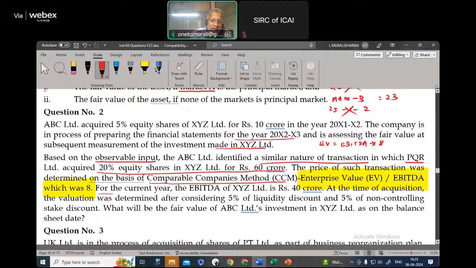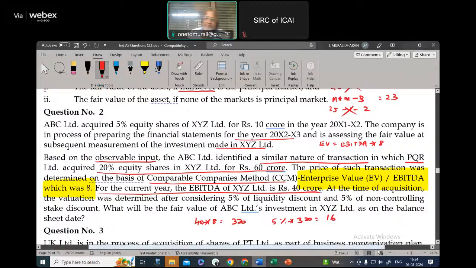For the current year, EBITDA of XYZ is 40 crores. So 40 into 8 is going to be 320. And this company's investment is 5% on 320, it is going to be 16.